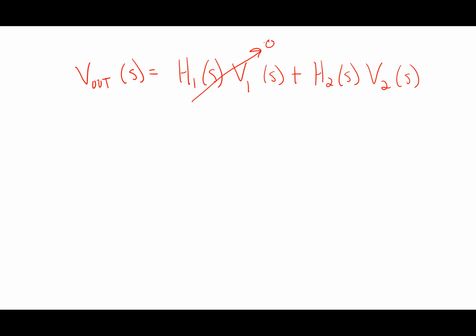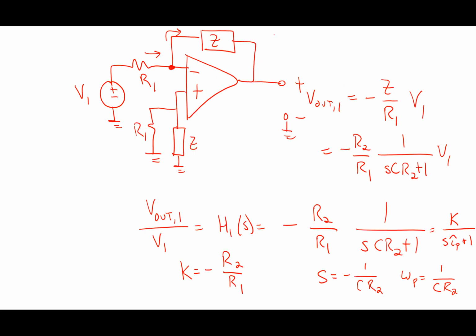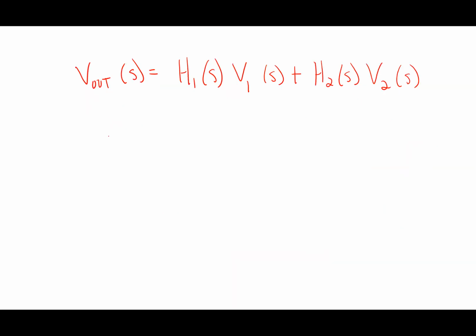Now, to get H2, you would do superposition, or again, you could do it from nodal analysis. And you would end up getting for that, I don't know, that's the ugly one. What I probably would do with that one is the same way I did that subtractor circuit, where this is Z, this is R1, this is V2.